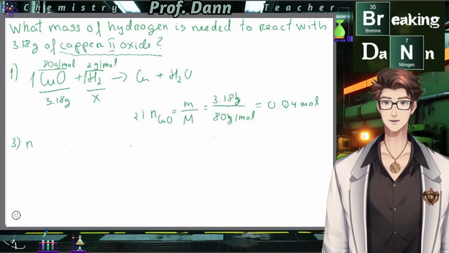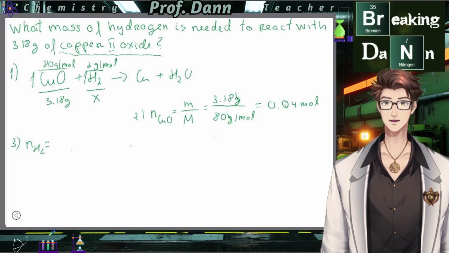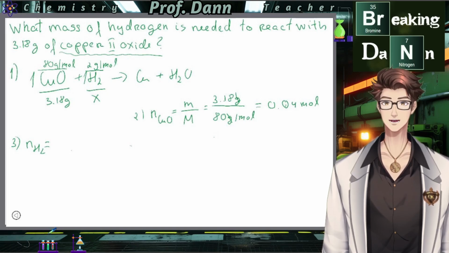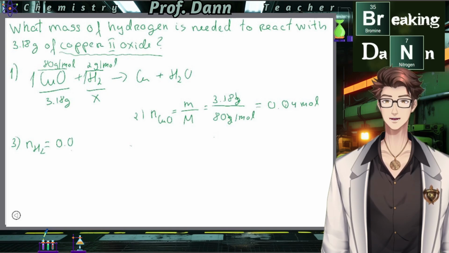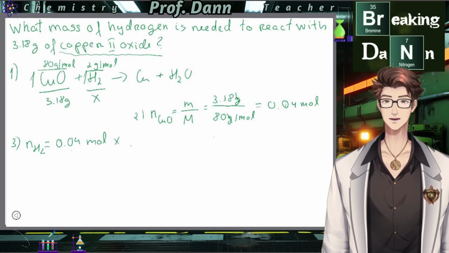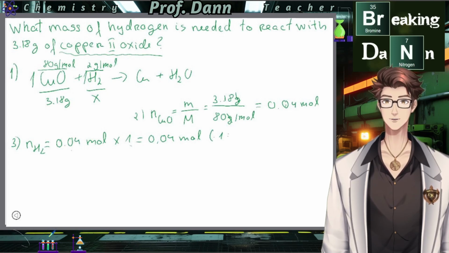And now we can write the equation for step 3. So n for hydrogen is, as I said, we have to use the number from step 2, 0.04 mole times 1 is 0.04 mole, and inside the brackets we can write the mole ratio 1 to 1.